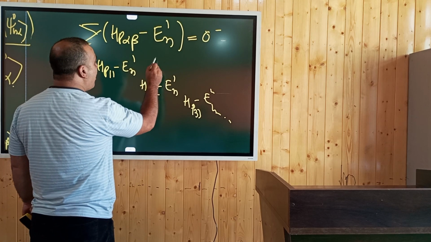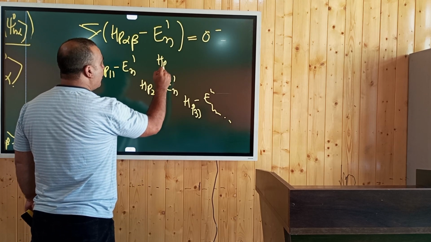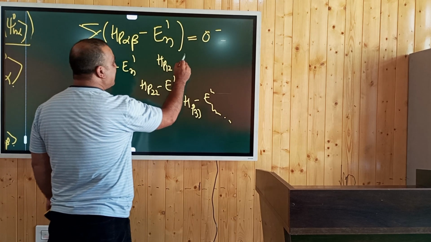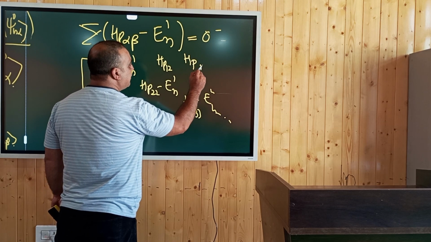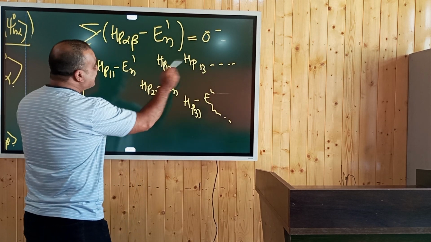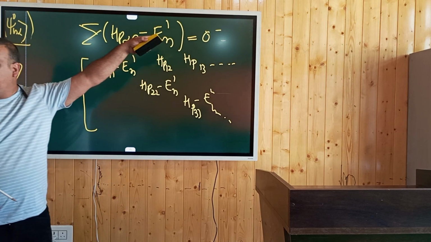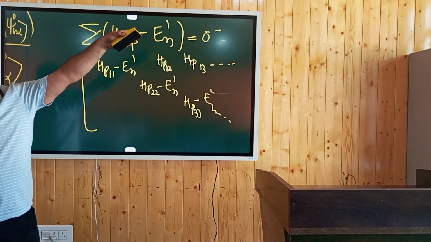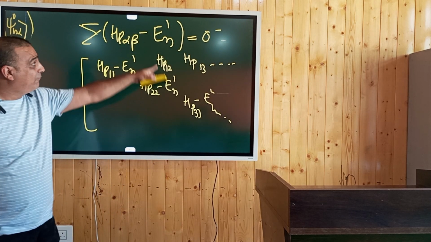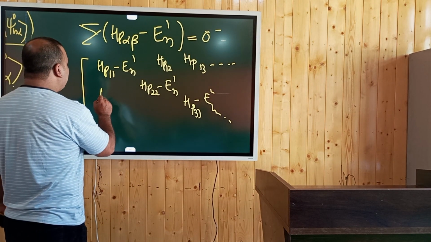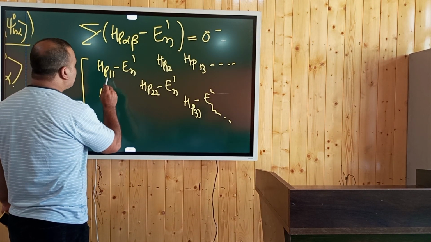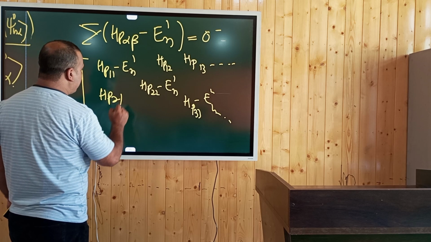And here you will have HP12, HP13, and so on and so forth. In this case, the correction will not add, because for alpha not equal to beta, the value of this En is 0. And the same story goes on this side: HP21, and so on.